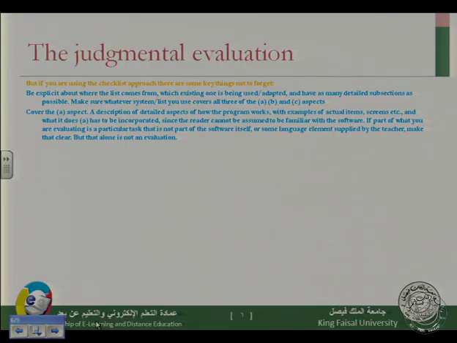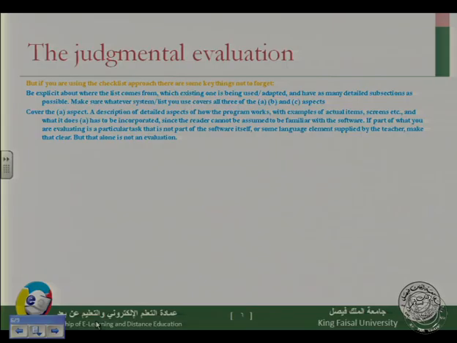Give us some screenshots, snapshots, because the reader of your research might not be familiar with the software. When I told you about the grammar software in maybe lecture number 2, I'm sure most of you haven't heard about the software before, so I gave you some video and snapshots about the software. So this is very important.